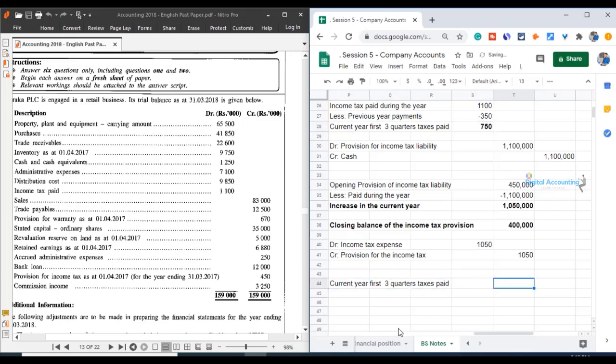So the current year first 3 quarters tax paid is 750,000. The fourth quarter estimation is 400,000. That is our closing balance of the income tax provision also. So 1,150 is the provision for the current year.